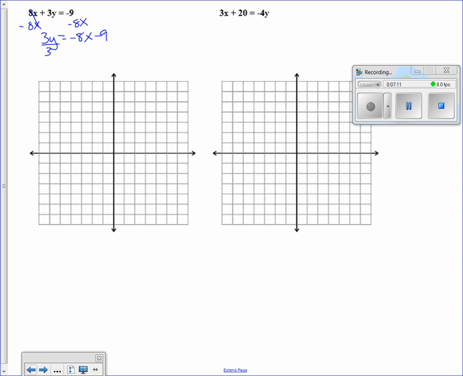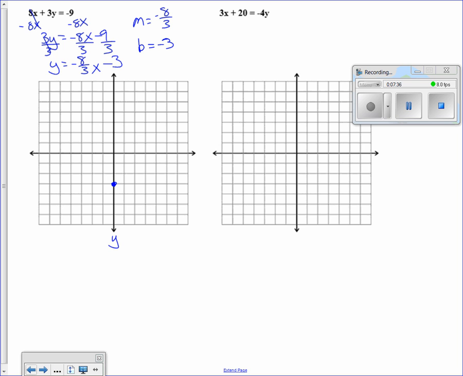Divide both sides by 3, everything by 3. Y equals negative 8 over 3x plus 3. So I have a slope that equals negative 8 over 3 and a y-intercept that equals 3. So 3 on my y-axis.